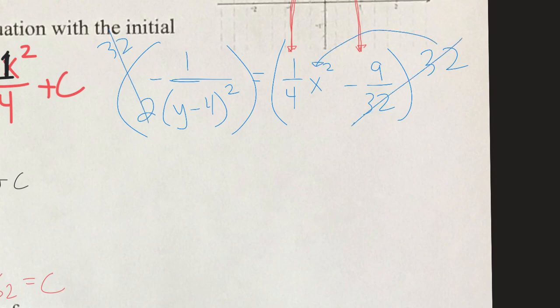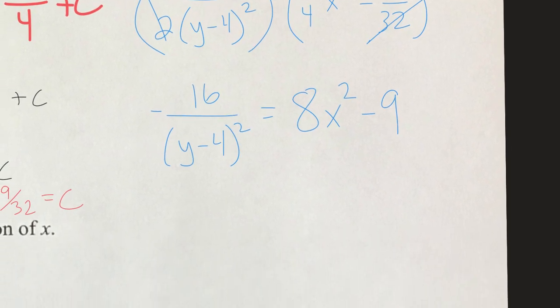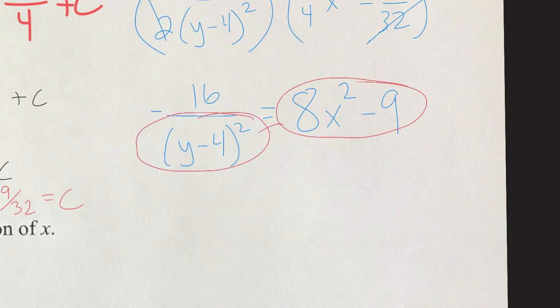So this is now a negative 16 on top and a (y minus 4) squared. And this is 8x squared minus 9. Okay, to me, that looks much simpler. So now I'm going to do some switcheroo. I'm going to take this denominator and switch it with this numerator, right?